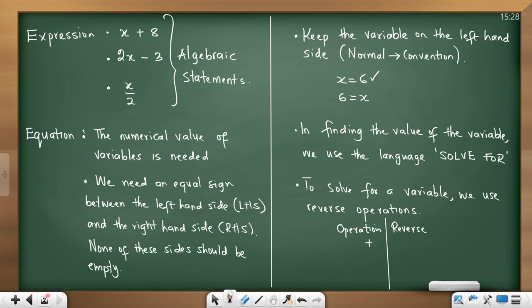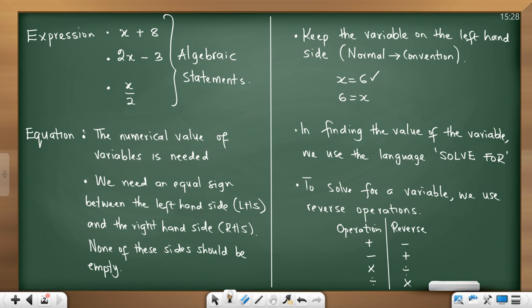If I have an addition, the reverse is subtraction. If I have a subtraction, the reverse is addition. If I have a multiplication, the reverse is division. And if I have a division, the reverse is multiplication. So we are going to be using that today. But today we're only going to deal with the first two, addition and subtraction.